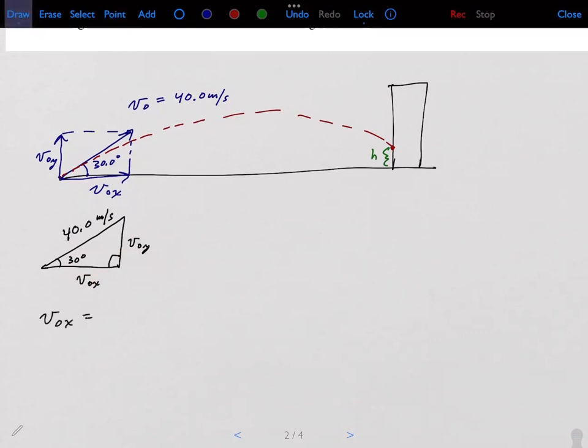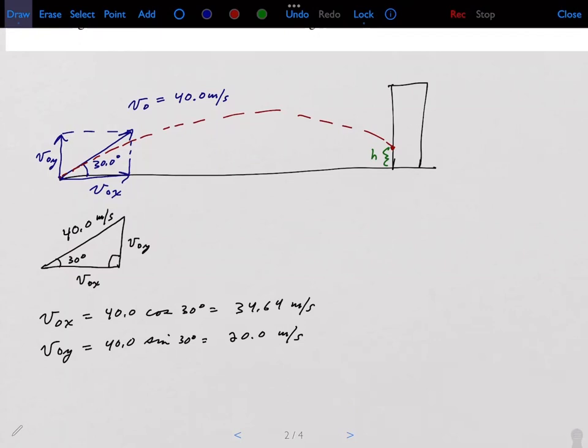So v naught x is 40 times cosine of 30, which turns out to be 34.64 meters per second. And then v naught y is 40 times sine of 30. Sine of 30 is a half, so this is going to be 20 meters per second. So I would do that first.